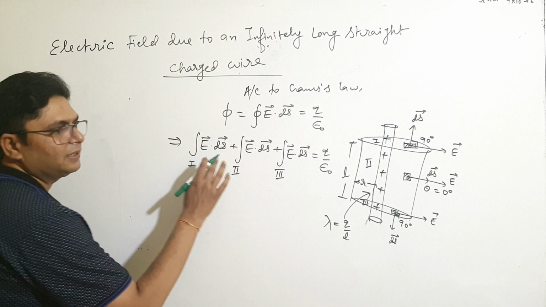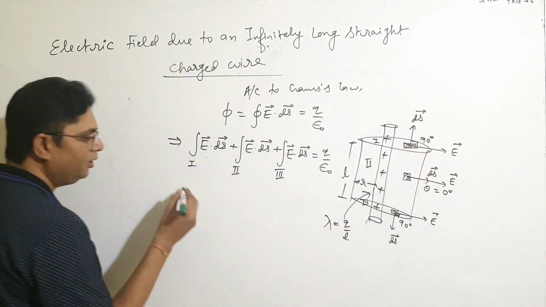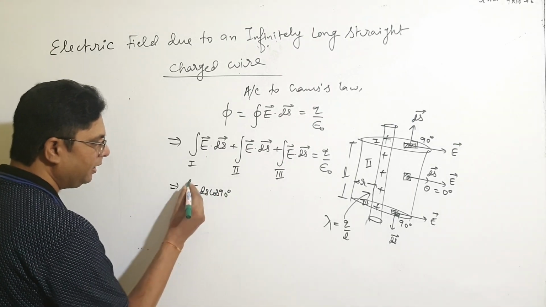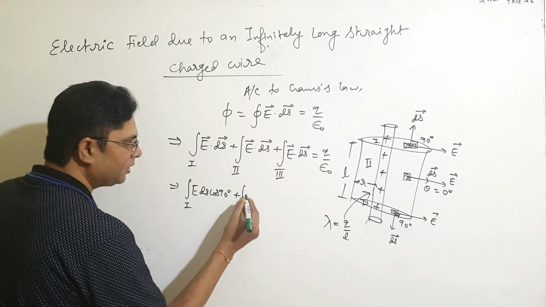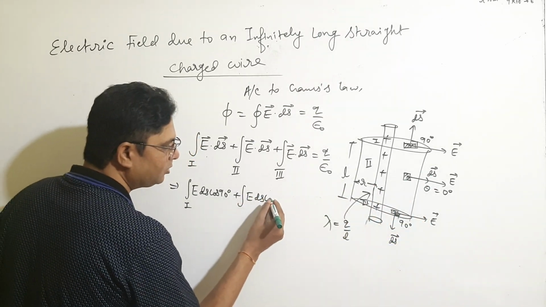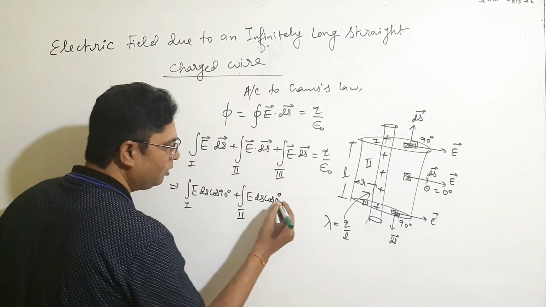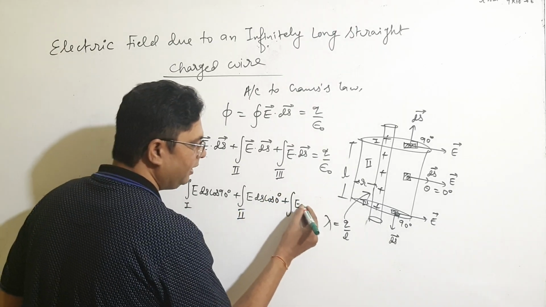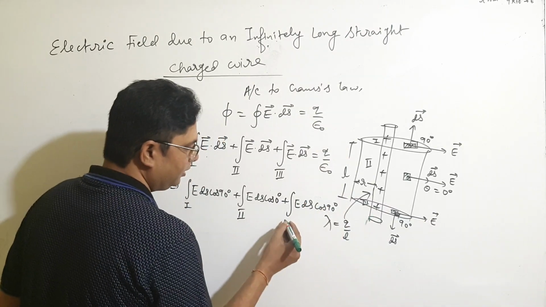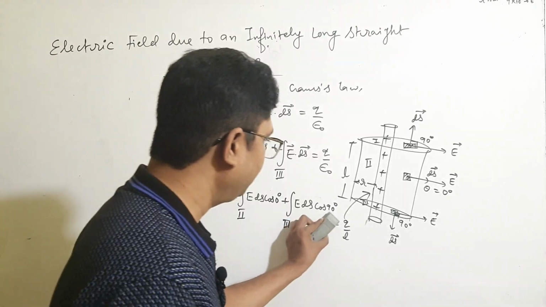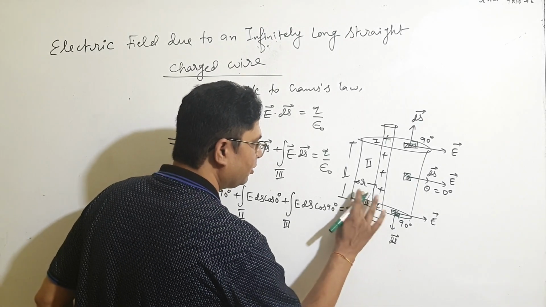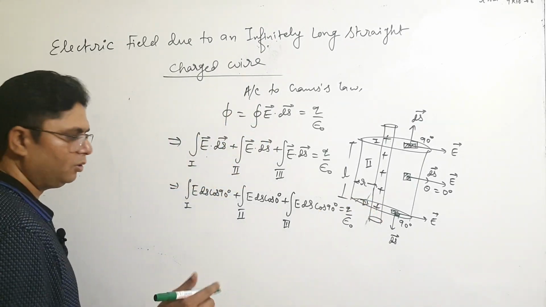For the first surface, the angle between ds and E is 90 degree. So we have E ds cos 90 degree, integration surface 1. For surface 2, the angle between E and ds is 0 degree. So E ds cos 0 degree, surface 2. For third, you have E ds cos 90 degree, surface third, which is equal to Q upon epsilon naught.